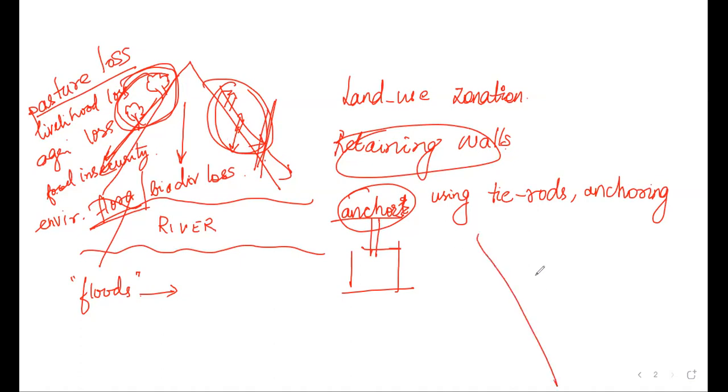Suppose this is a mountain, there will be a wall here, there will be a wall here, continuous walling using some natural material. It can also be from concrete, but it can also be from some natural material like bamboo, so that it will also prevent some amount of landslides from happening. Okay, so these are roughly the ways of mitigating landslides.